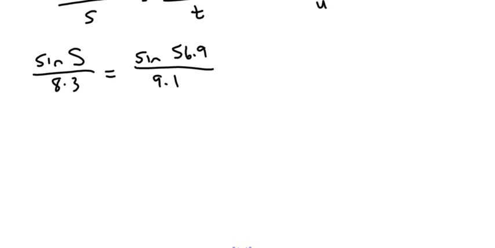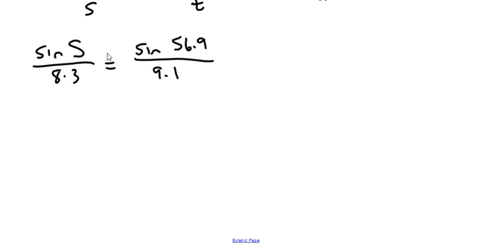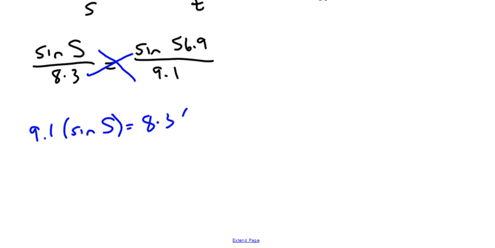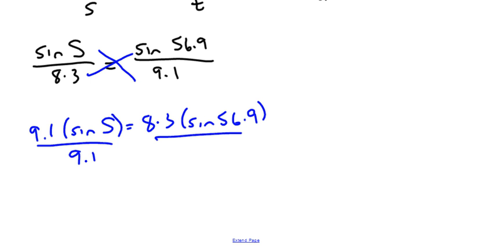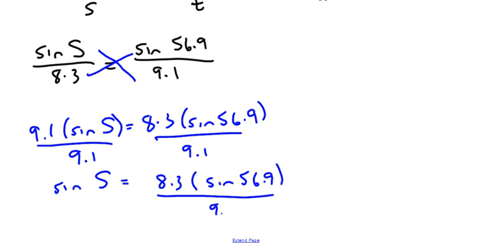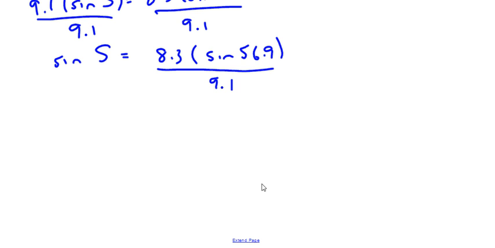So to solve for this, again, it's a perfect proportion, so I'll cross multiply. 9.1 times sine s equals 8.3 times sine 56.9. And then divide both sides by 9.1 to isolate the trig statement. So sine s is 8.3 times sine 56.9 divided by 9.1, and now I can go ahead and type that into my calculator.